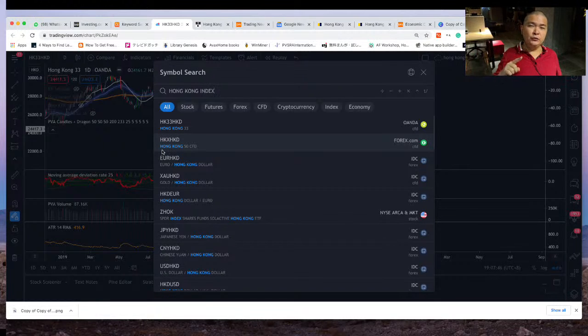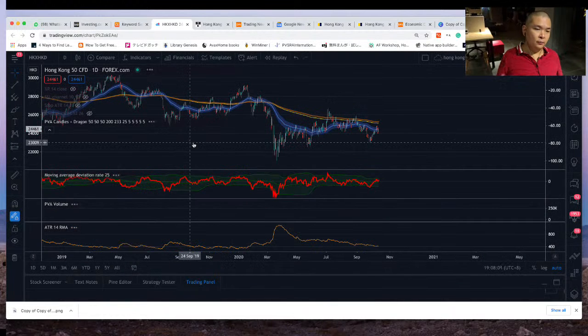If you use a different broker, maybe in your broker it's called HK50. I use it on TradingView, where it's HKX HKD, also called Hong Kong 50 CFD. But basically, they are more or less the same thing. They're a little bit different depending on the spread and the time that you're accessing.